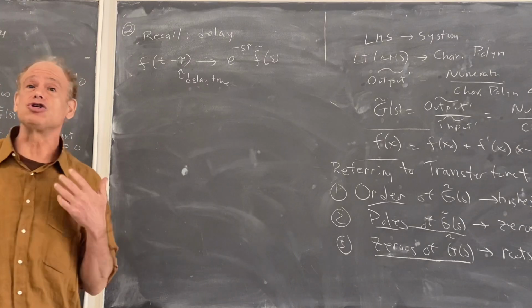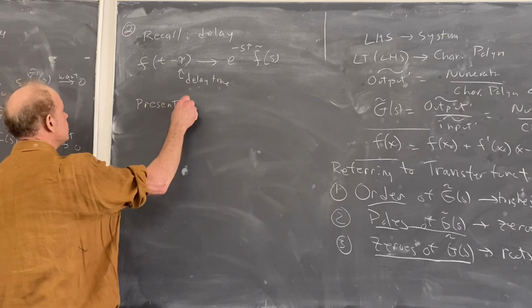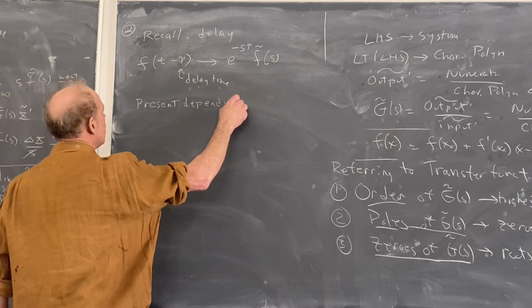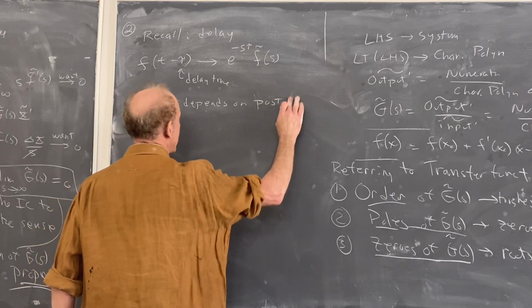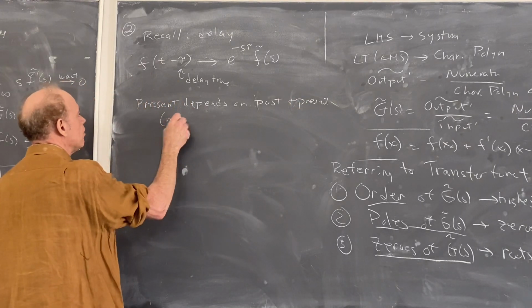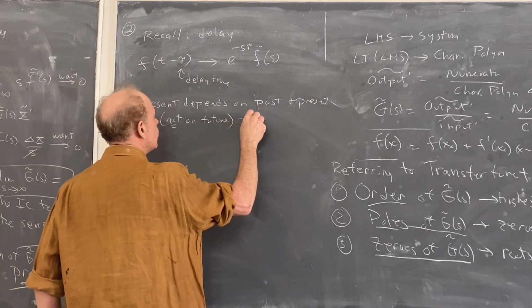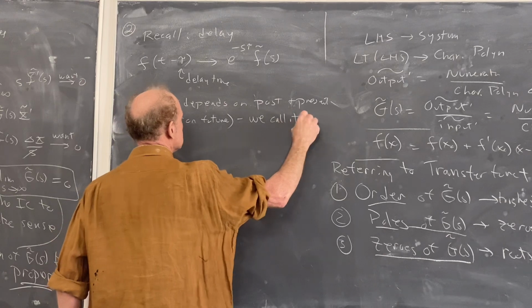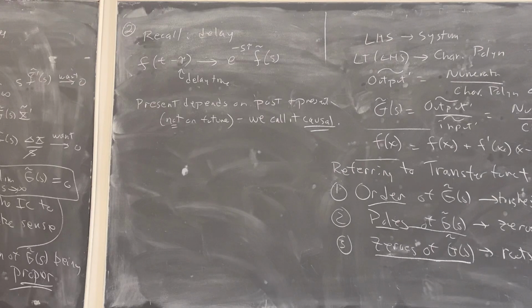And that's something that's called causal: when the present depends on the past and present, and not on the future. We call it causal because it's not reasonable to say that what happens now depends on what's going to happen tomorrow.